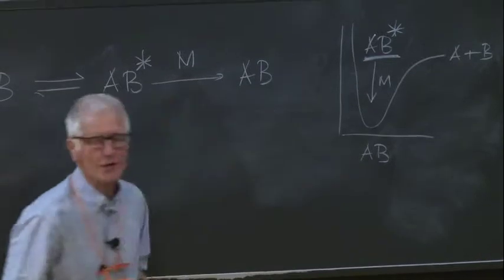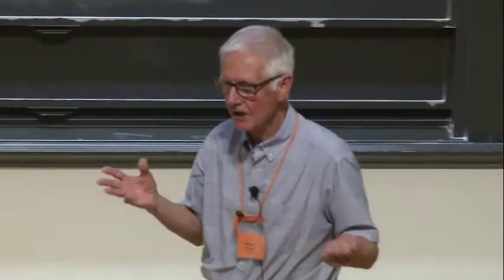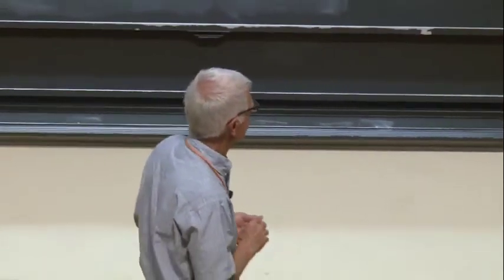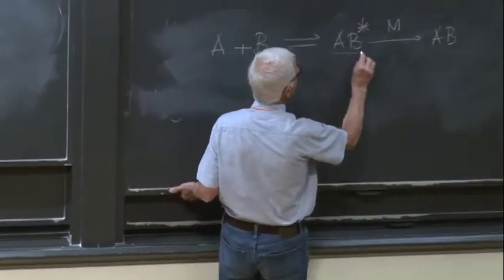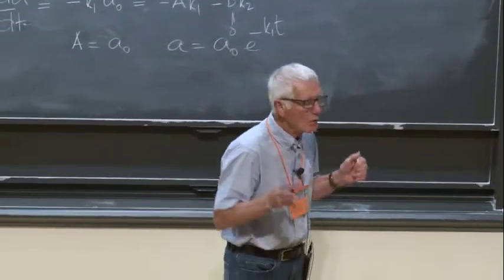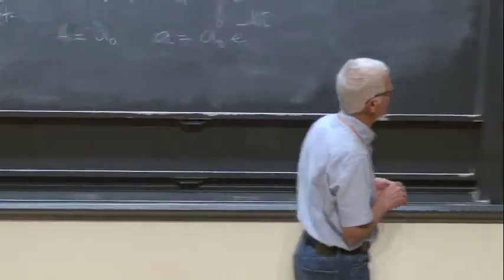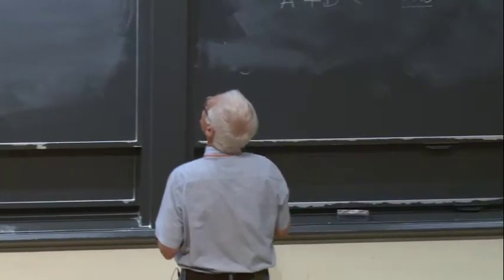So that's colliding with a third body and coming down here. As I said before, third body is something like nitrogen or oxygen. Now, AB star is very short-lived, so there's going to be quite a small error in applying the steady-state approximation. So what have I called them?